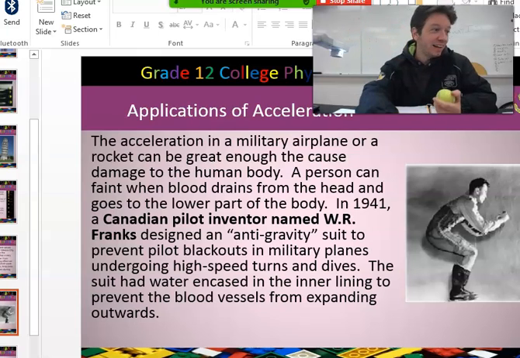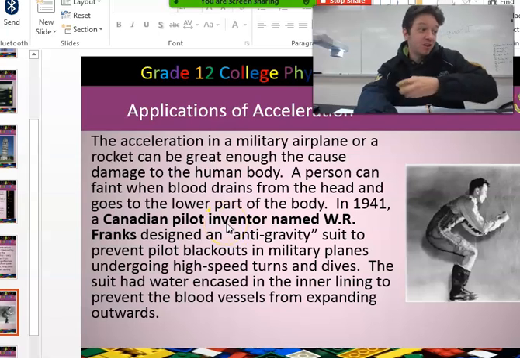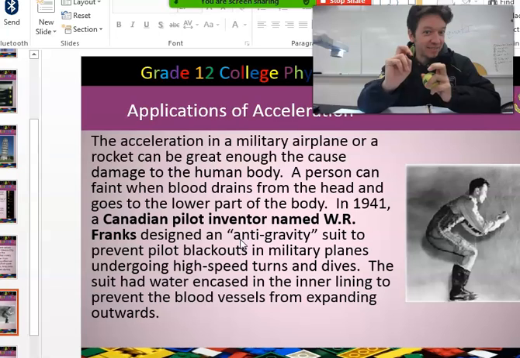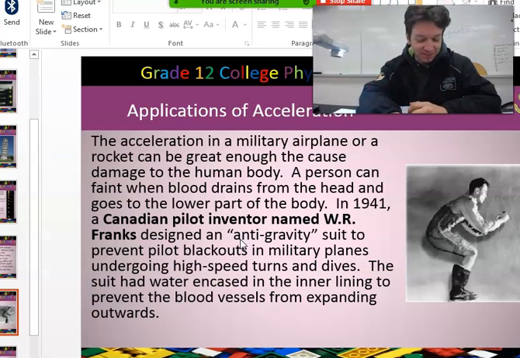Right? And in 1941, Canadian pilot and also an inventor named W.R. Franks designed an anti-gravity suit. Now, an anti-gravity suit isn't what you would think of from sci-fi movies where you can go floating around. What an anti-gravity suit is, it prevents pilots from blacking out. Not 100%, but they can withstand more g's with this suit on.